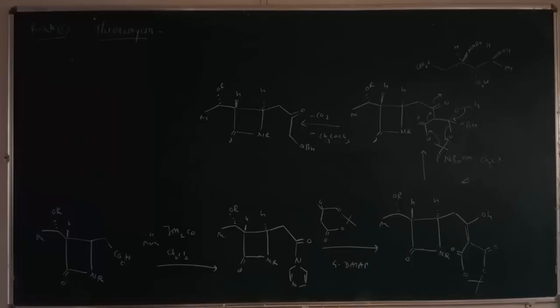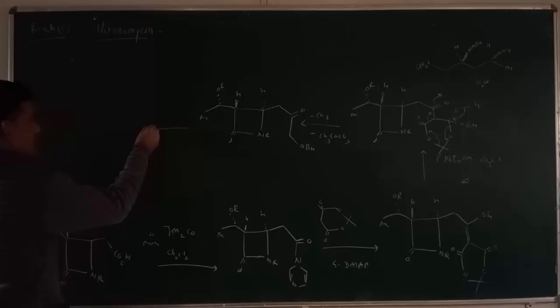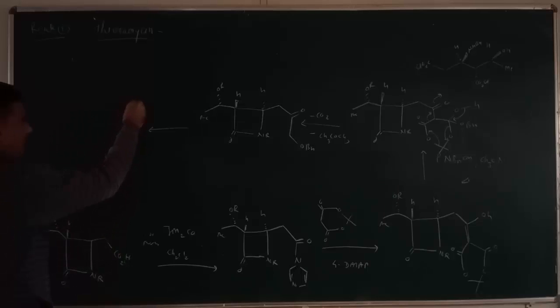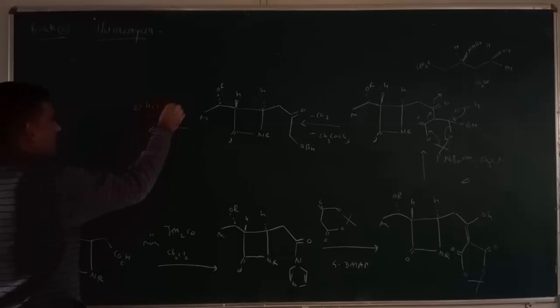Then if we see, here is the hydroxyl group which is below the plane, and in thienamycin we have to convert this hydroxyl group to above the plane, and for that we are doing a Mitsunobu reaction, and due to that Mitsunobu reaction there is inversion in the configuration at the C8 center. This inversion can be done by using the Mitsunobu reagent. Firstly, we can deprotect this OR group by using HCl in the presence of methanol.